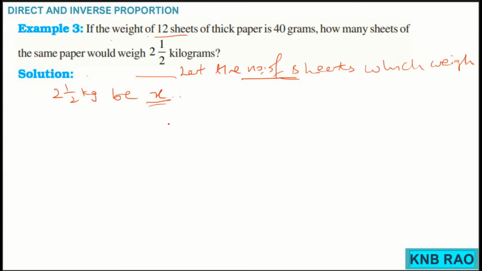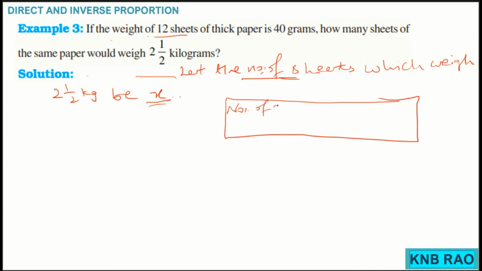In the table, I am taking the number of sheets as one column, variable x, and their weight as the y variable.